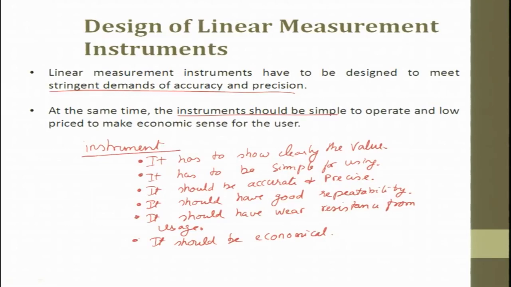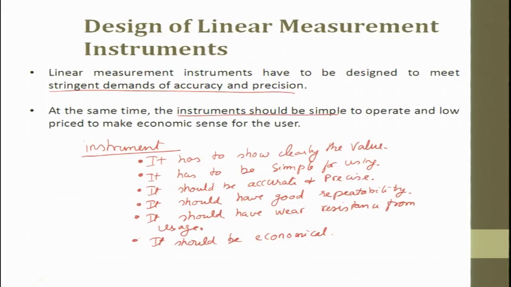So, these are some of the characteristics that should be there for any instrument. It should display clearly the measured values, it should be simple to use, it should be accurate, and it should be precise. When you put that, repeatability gets into these two definitions.